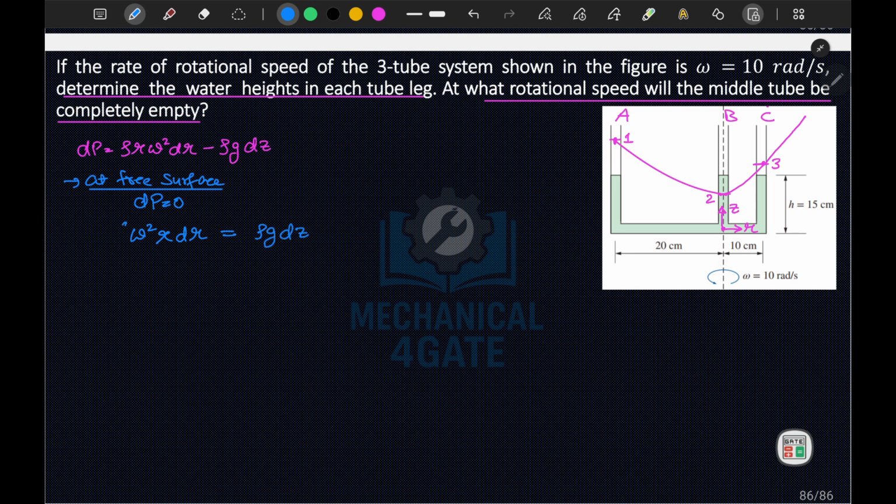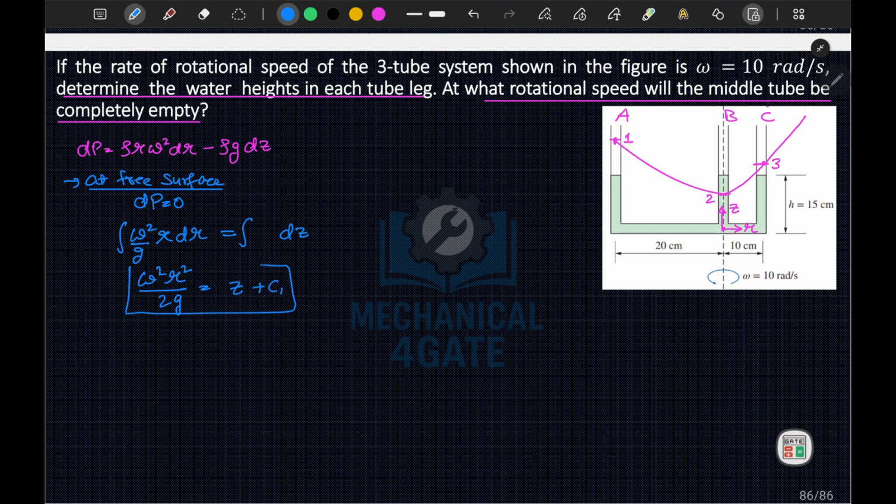Now if I integrate this, what will I obtain? I will obtain omega square r square by 2 is equal to g times z, sorry, not rho, only g. So omega square r square by 2g is equal to z plus c1.